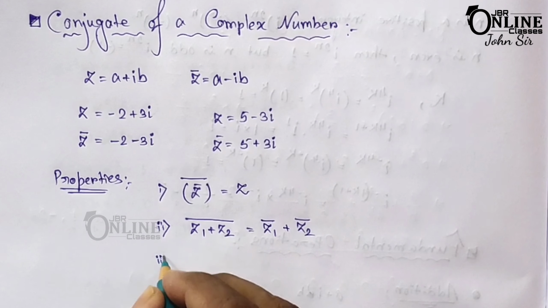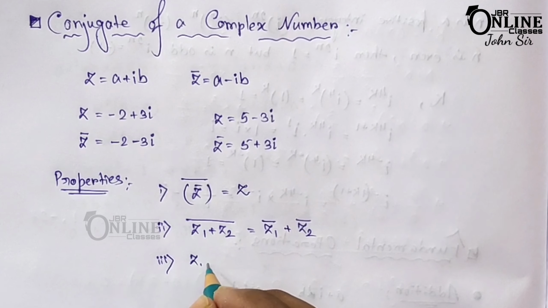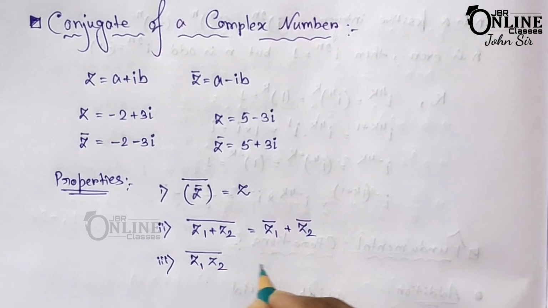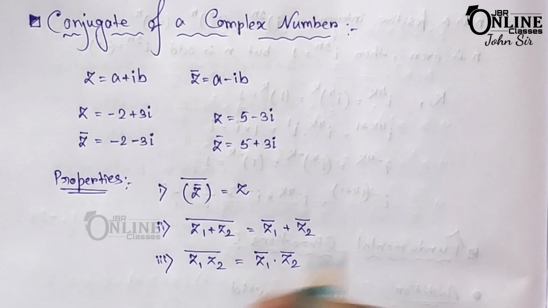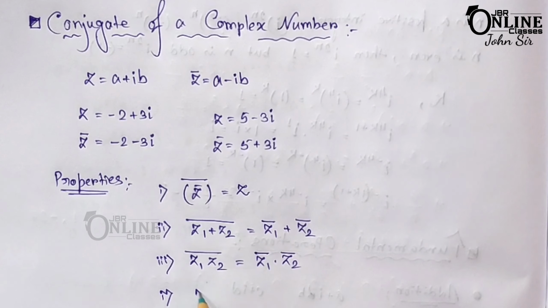As well as for multiplication, the conjugate of z1 z2 will be the conjugate of z1 into the conjugate of z2. Next, the fourth one, z into the conjugate of z equals mod z square.